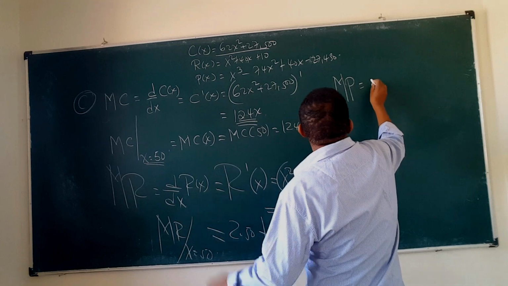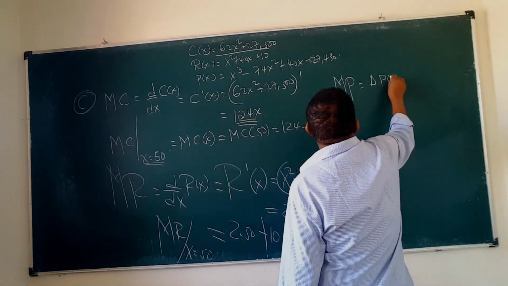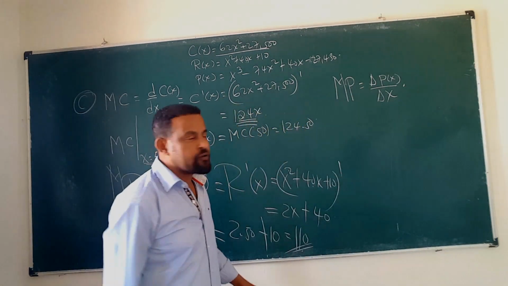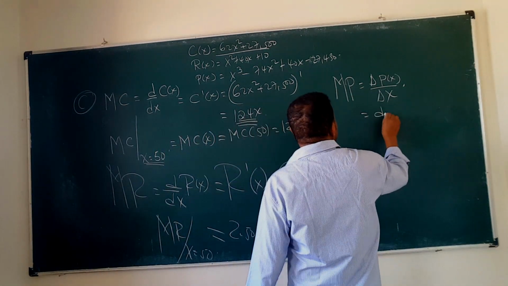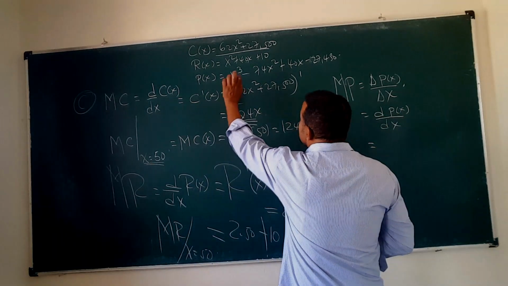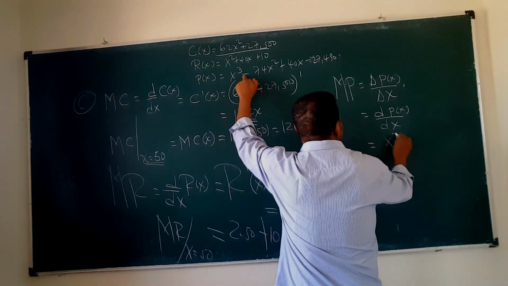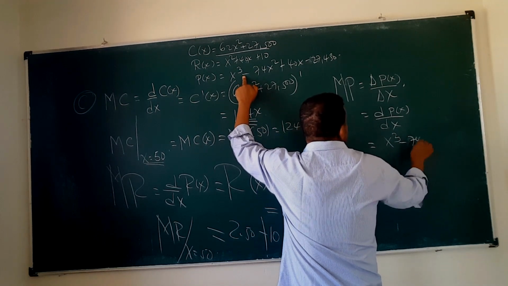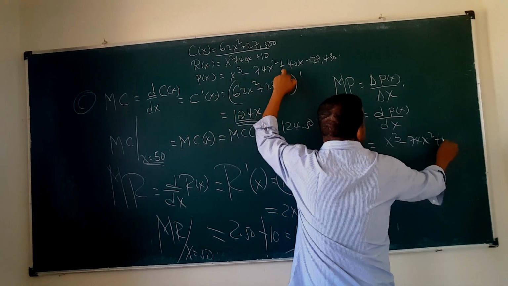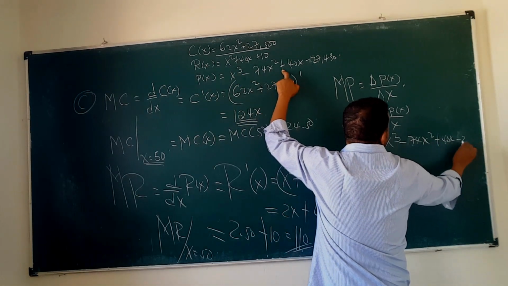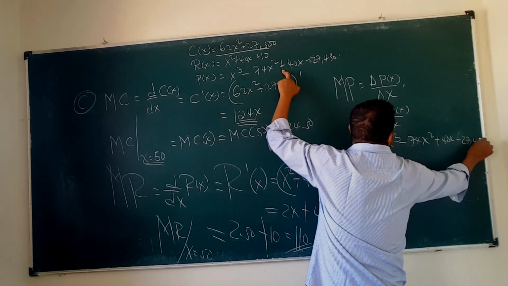And thirdly, what is the marginal profit now? Marginal profit is the change in profit function over the change in quantity x, so that will be the derivative of the profit function with respect to x. What is the profit function? The profit function is x cubed minus 74x squared plus 14x minus 27,490.